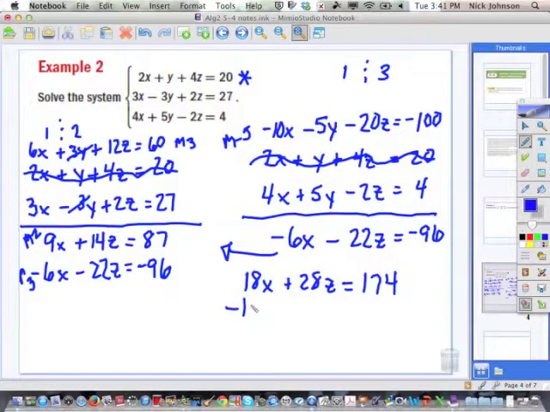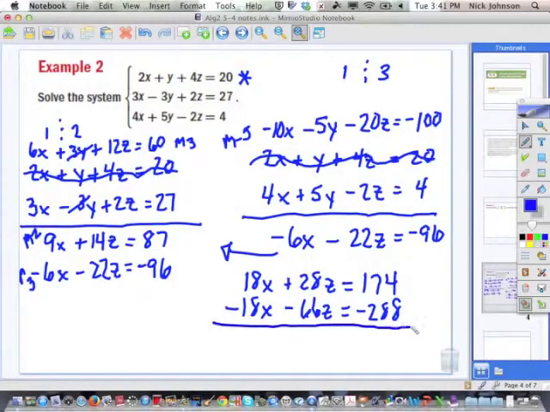And so a negative 18x minus 66z has to equal a negative 288. And as you can see, when I add these together, my x's are gone.